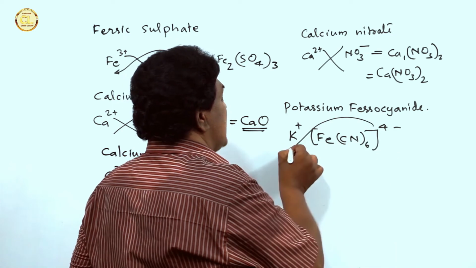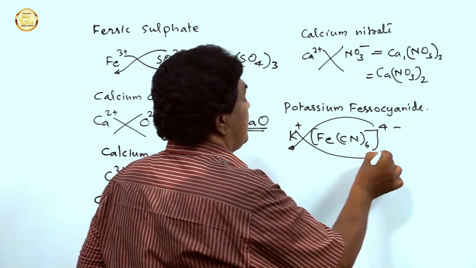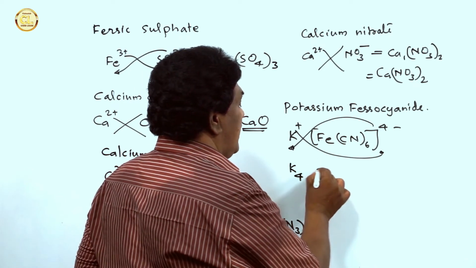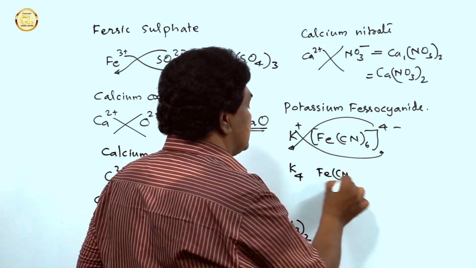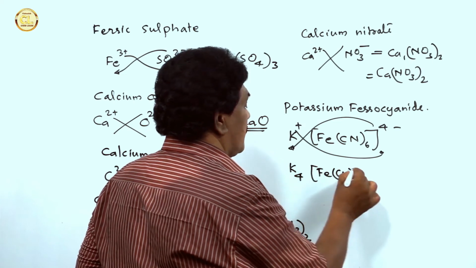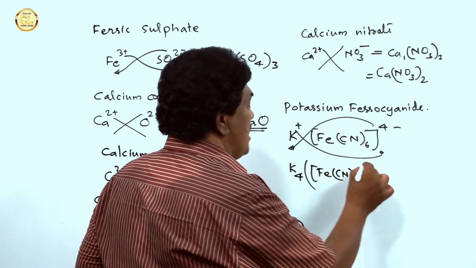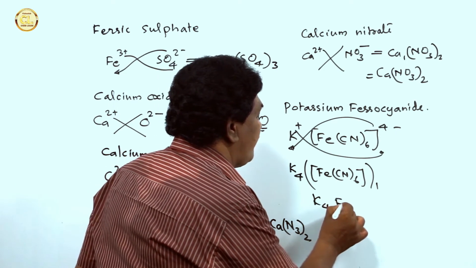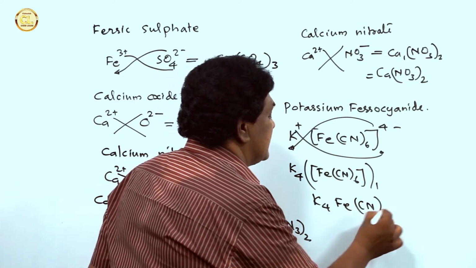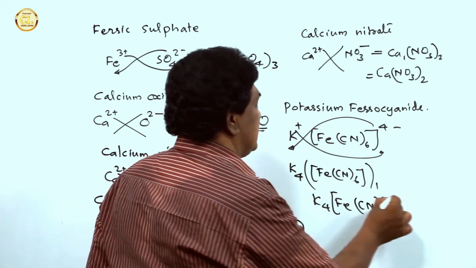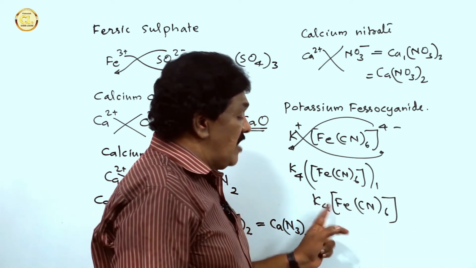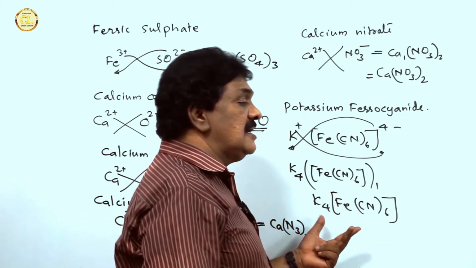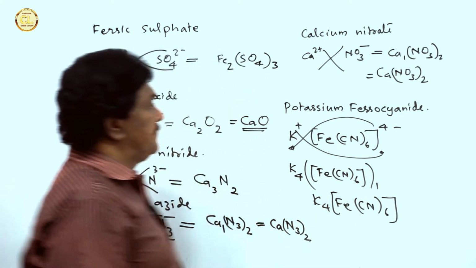Crossing their valencies like this, we get K4[Fe(CN)6]. See, put this in square brackets. Why? Because it's a complex part. This is a coordination complex that we will learn. Okay.